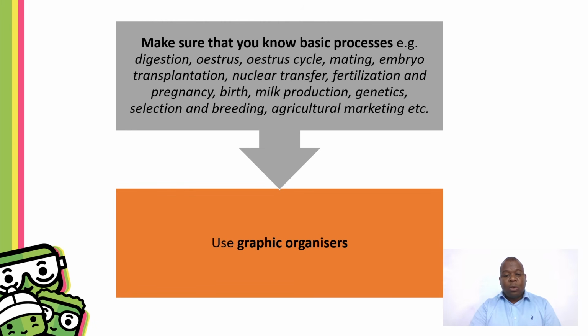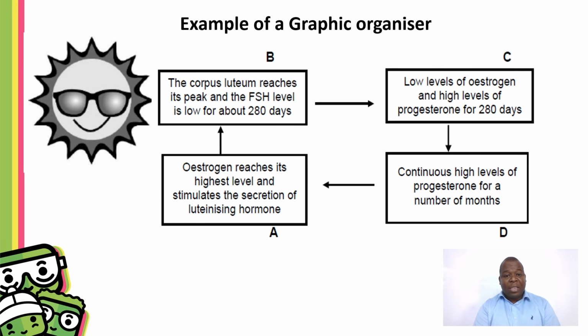Always be able to use graphic organizers. Now, what is a graphic organizer? I've given an example of what a graphic organizer is on the screen. So make sure that you know the flow of the information or the sequence. For example, what is shown on the screen is showing the Ustra cycle.